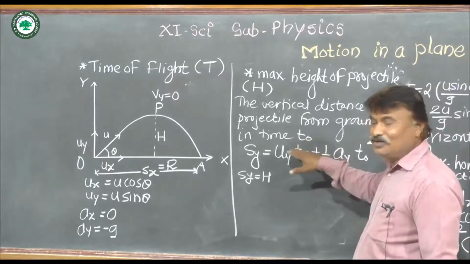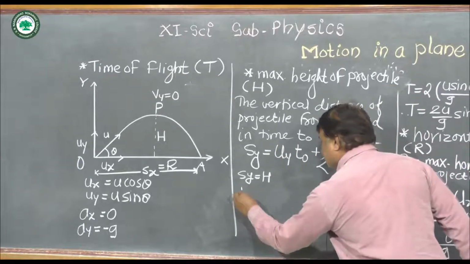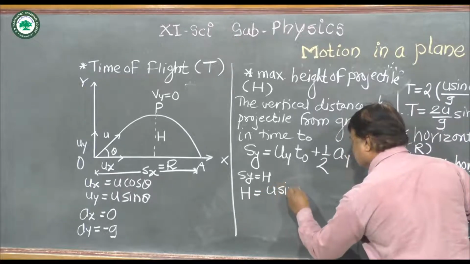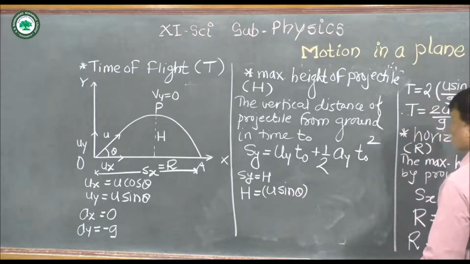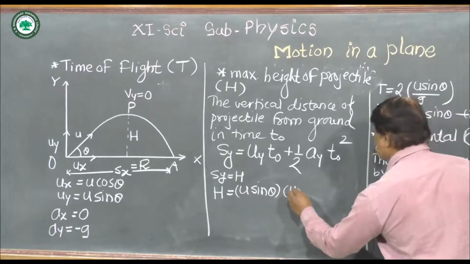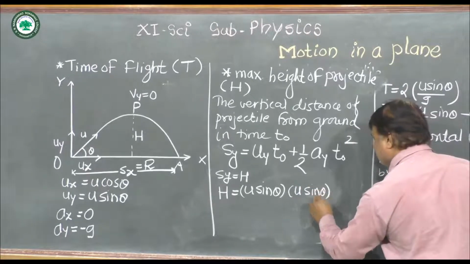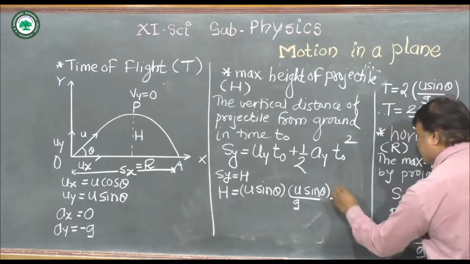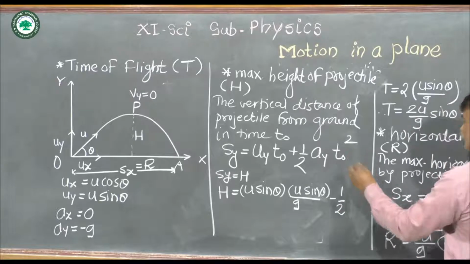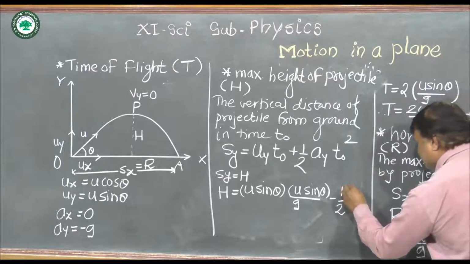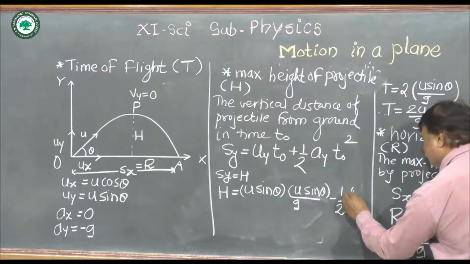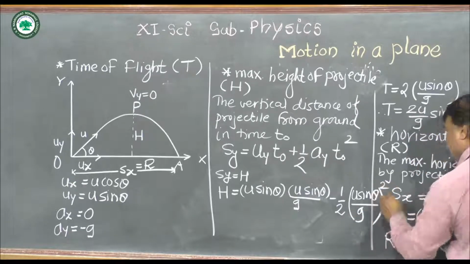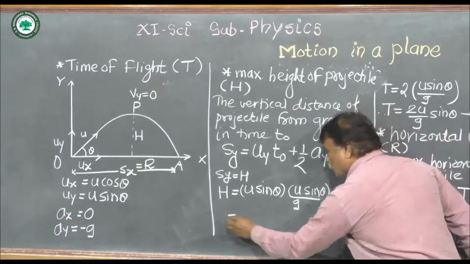When we substitute all these values in this equation, then we get h is equal to u sin theta into u sin theta upon g, the value of t0, minus half, since Ay is minus g, and again t0 is u sin theta upon g, so squaring all this, we get (u sin theta upon g) whole square, which is equal to h.